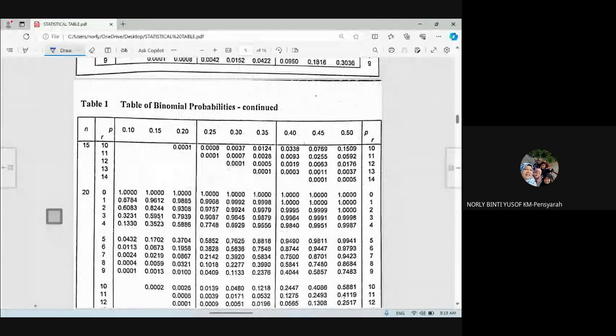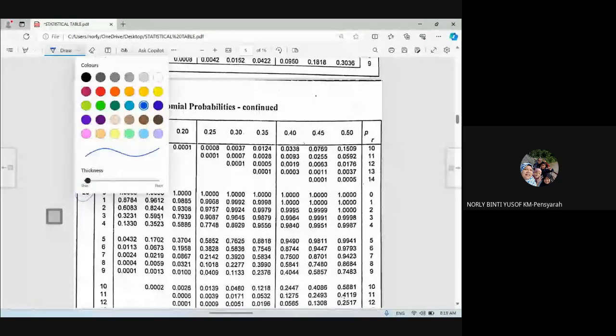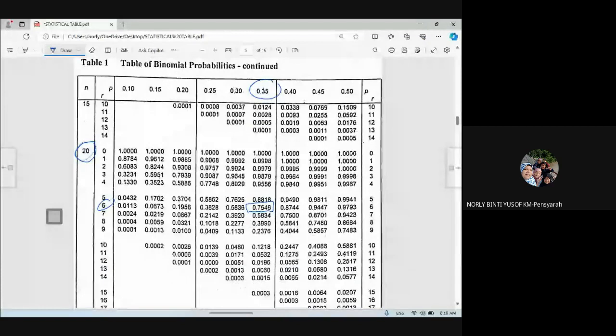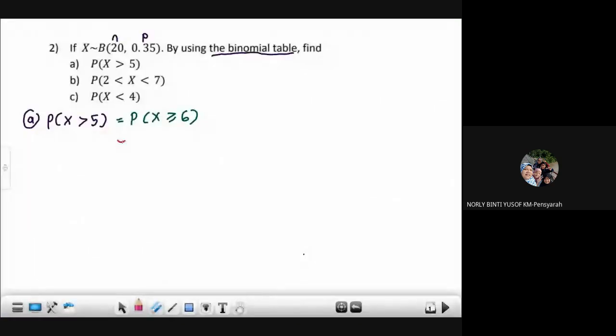Okay, dekat sini lah. So N20, P 0.35. Okay, N20, P 0.35. You punya nilai untuk R adalah 6. So will be here lah the value 6. Okay, 0.7546. Okay, the answer is here.